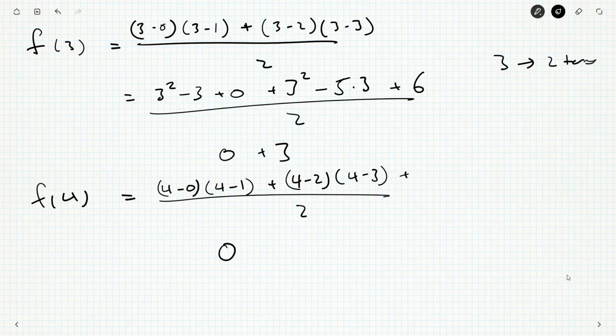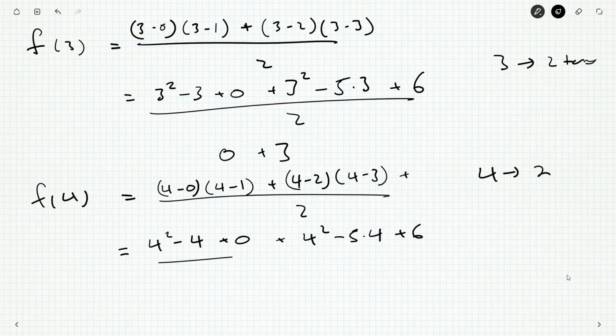Although it's 0 here again, and 3. So that's 4 squared minus 4 plus 0. 4 squared minus 5 times 4 plus 6. So 4 also gave us 2 terms.